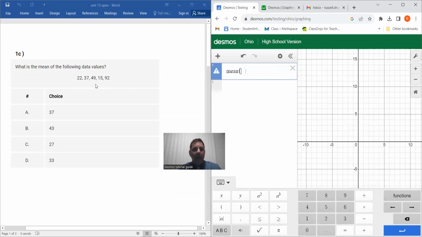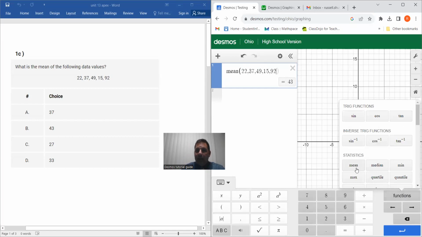So if you click that, and then you simply type in the numbers that are there, 22, 37, 49, 15, and 92, it'll tell you that the mean or the average is 43. So it has that ability to just take the numbers that you're given and it'll find the mean for you.